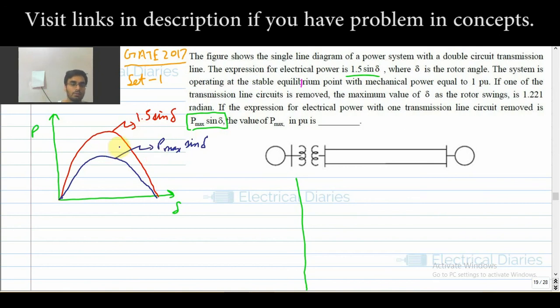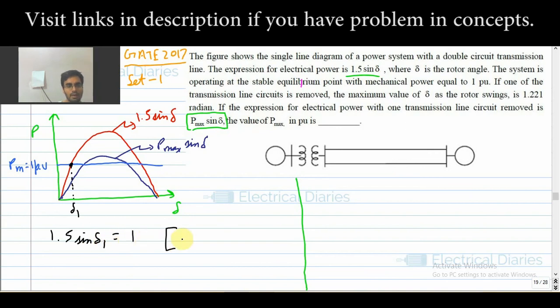And now what else is given to us is that your mechanical power was, let me say this is your P mechanical as 1 per unit, and initially your system was at equilibrium. Let me say initially system was here, so this was delta 1. Now one thing is very much clear to us, that 1.5 sin delta 1 is equal to 1 per unit.